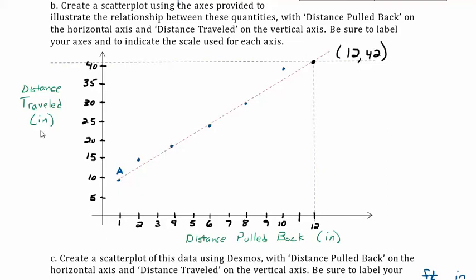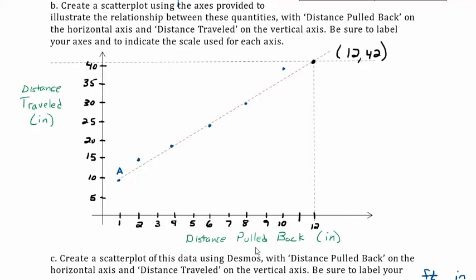Remember, the word variable means it can change, it can vary. So we're varying the distance that it pulls back, and that's varying the distance that is traveled. Both of these values can change. Now, the distance that the car travels depends on how far the car is pulled back. So there are some situations with two variables where making one of them the independent variable is the obvious choice.